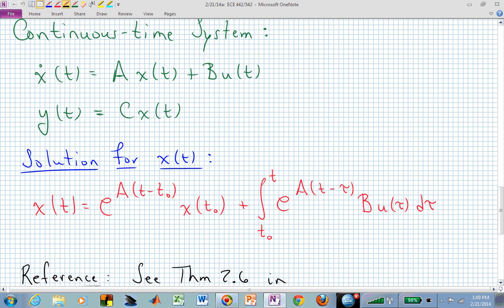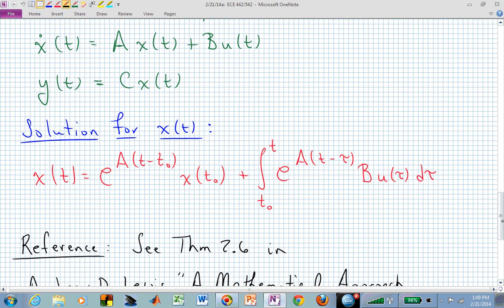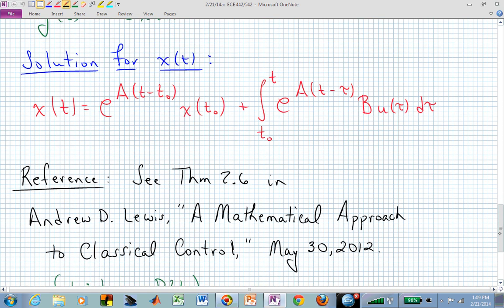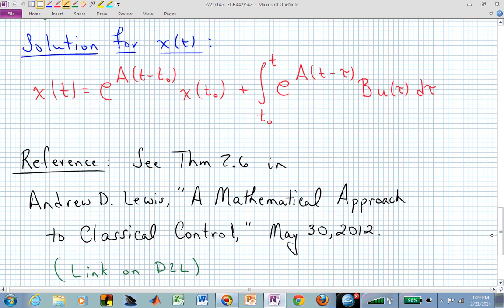So one of those functions of time needs to be flipped in time and slid with respect to t, and that's really what that solution is telling us. We have one piece of the solution due to where we started at that instant of time t naught, the state vector where it began, and one piece of the resulting state vector due to the input over that t naught to t interval of time.